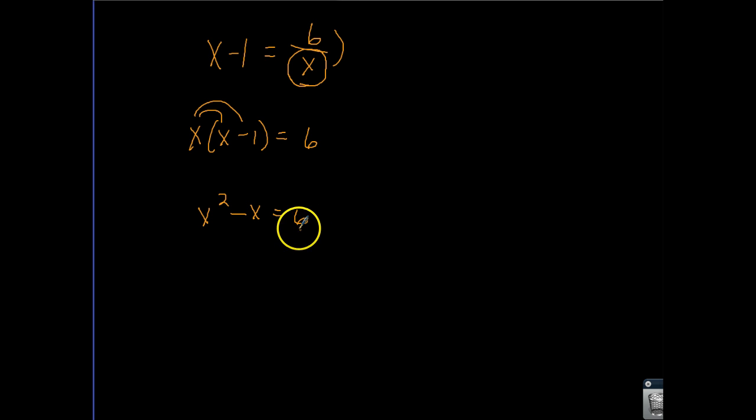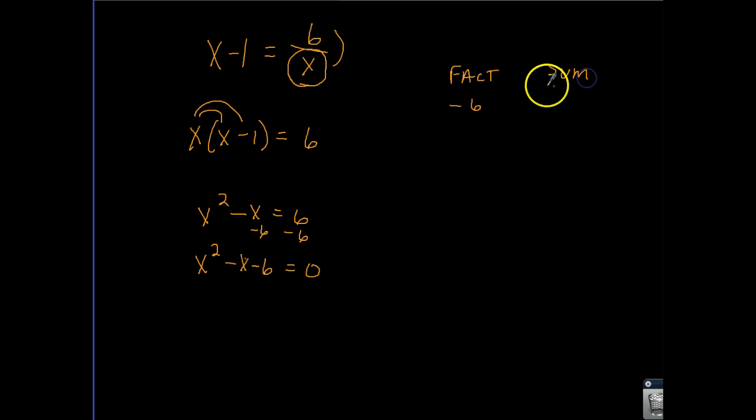Now, we've all done factoring. We just got done with factoring. So we want to set this equal to 0. Oops, sorry, let's subtract 6 from both sides. All right, now we're going to see, do we have factors of negative 6 that add up, you can say sum, you can say add, to negative 1?